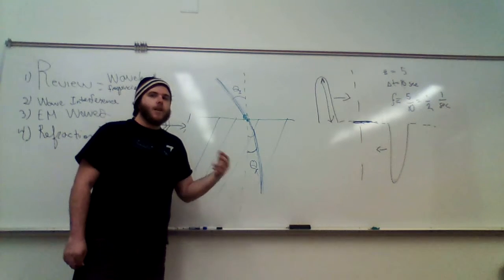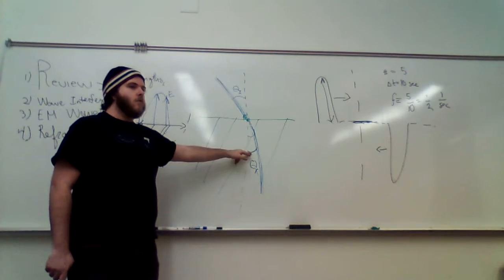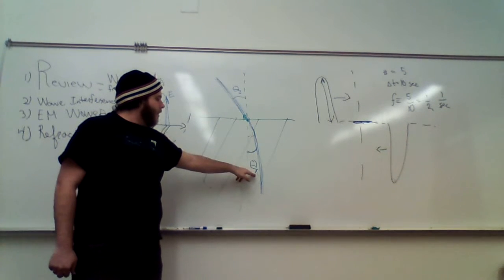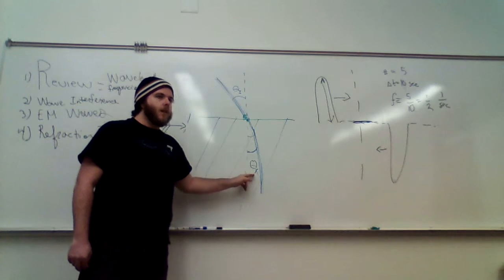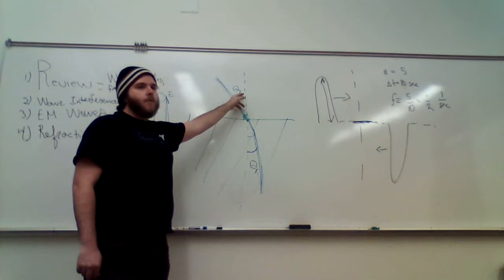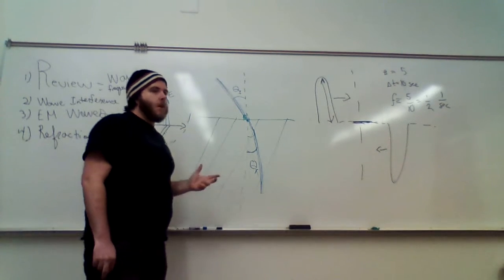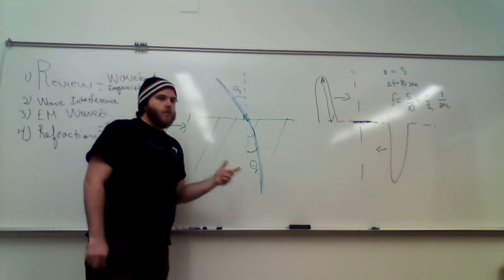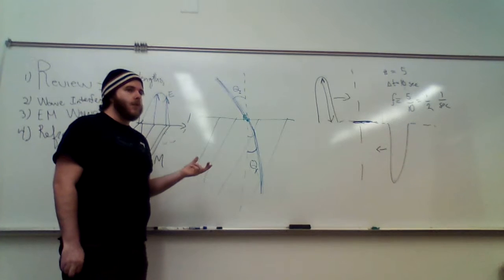So we can define a second line in the new medium relative to the normal, and we indicate that it's been refracted. So we use the subscript R on our theta to indicate refracted angle, just like we used I for incident angle. It changes as it goes through. The speed also changes. So in vacuum it has speed c, but in this one it'll have some speed less than c.